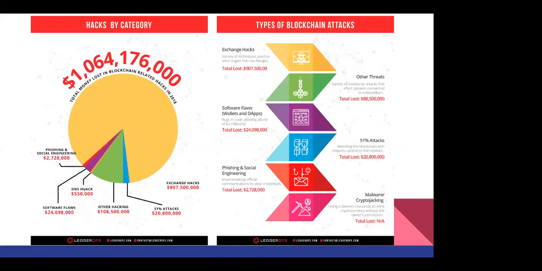So you'll see exchange hacks are very common, because for most exchanges, it's just a standard front end that connects to a back end. And so that connection point is vulnerable, just as it is on any other application.